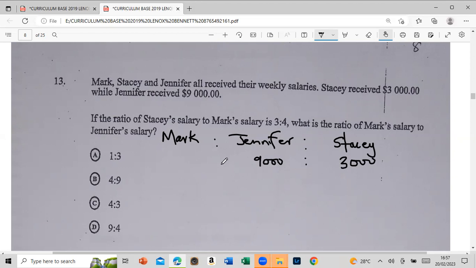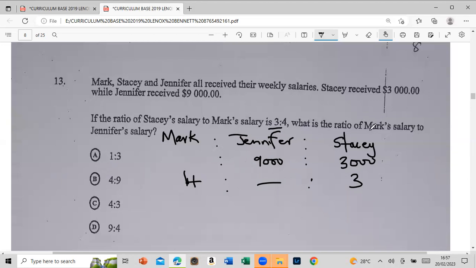It says the ratio of Stacy to Mark is 3 to 4. So they don't tell us Jennifer's, so I can leave this blank here, but this one is 4. So they told us 3 to 4.